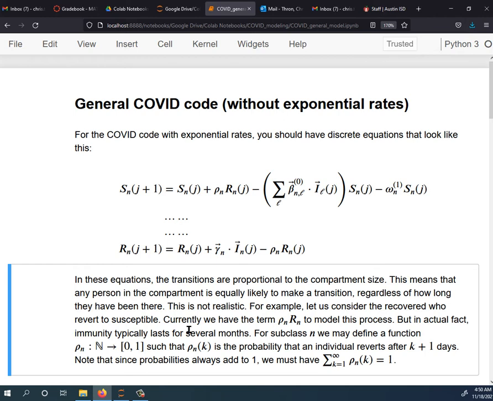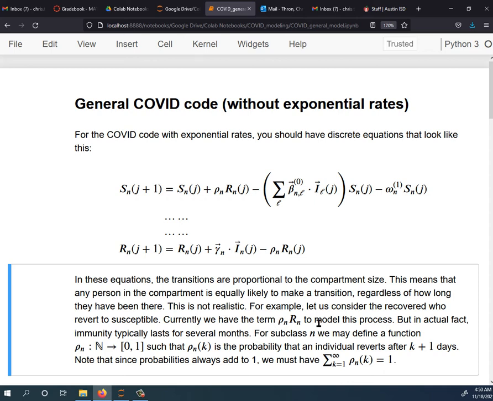But in actual fact, immunity lasts for several months. So what this is saying is that you can be newly recovered and immediately become susceptible again. No, that's not true. You're going to be recovered for a while and then gradually revert to susceptible. So the exponential rates model does not accurately capture that.